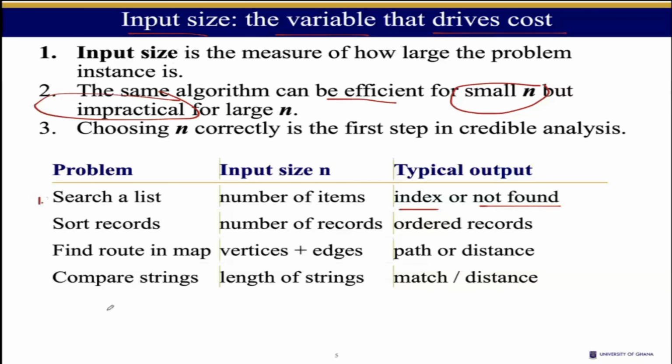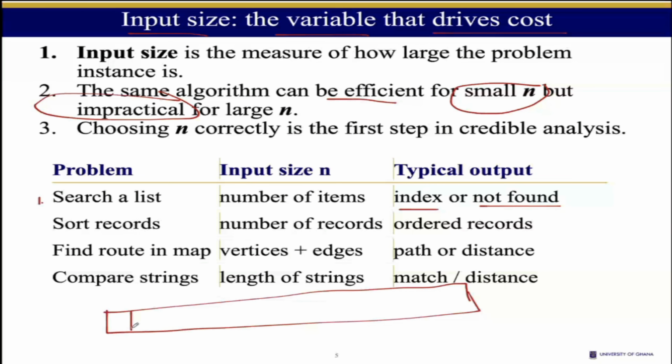So when I'm searching, I have an array of elements here, with index 0, index 1, 2, 3, and I have A here, B there, C here, 8 there, 9, E, 10, 2.